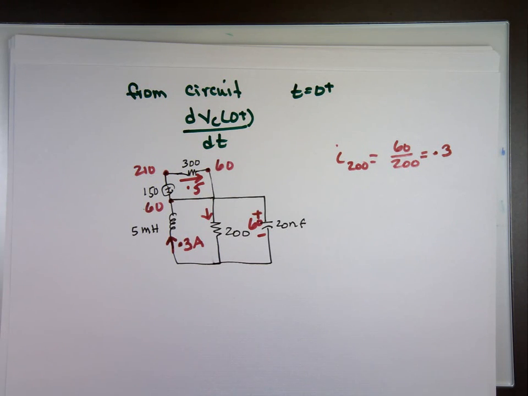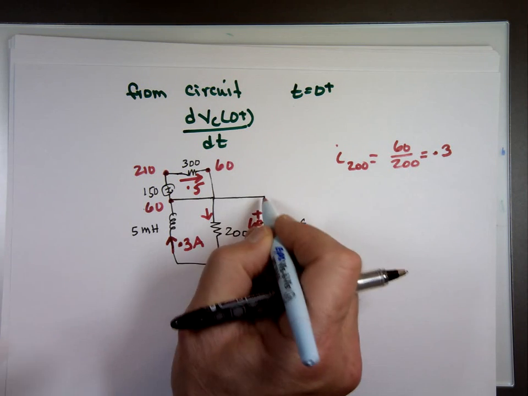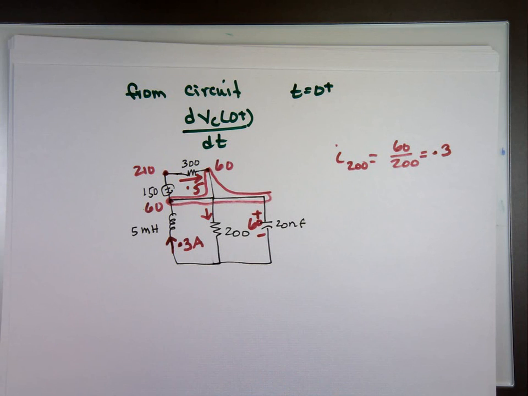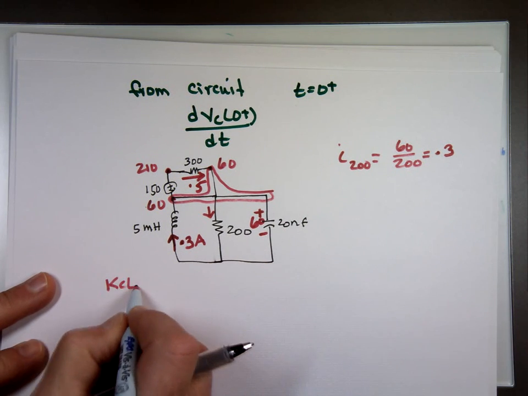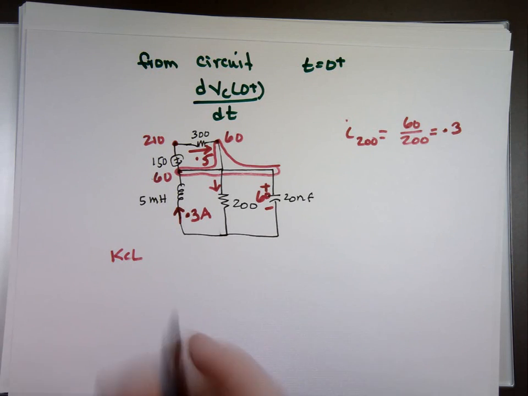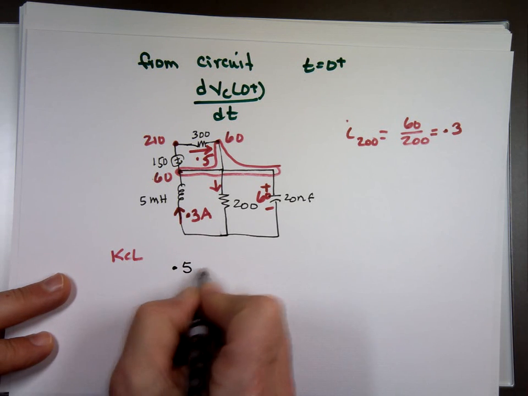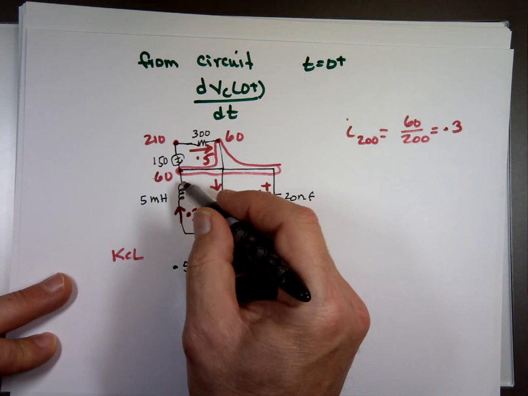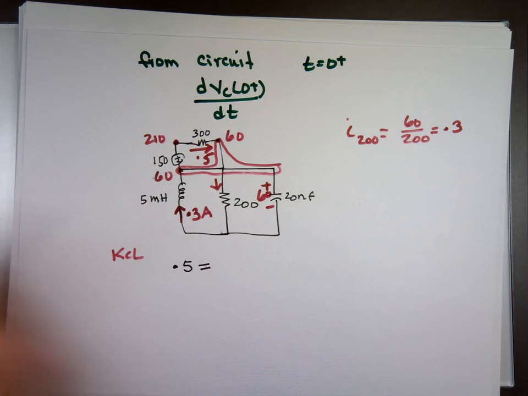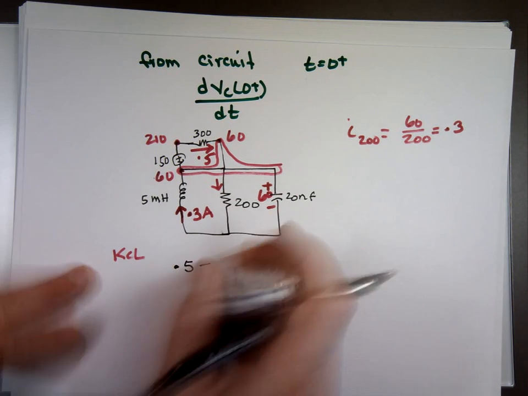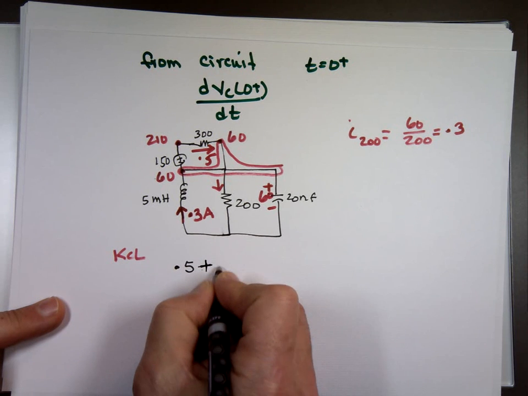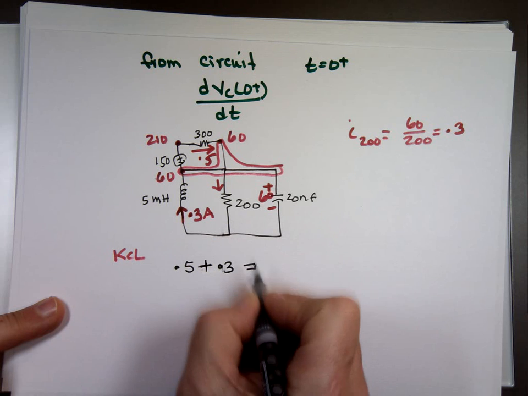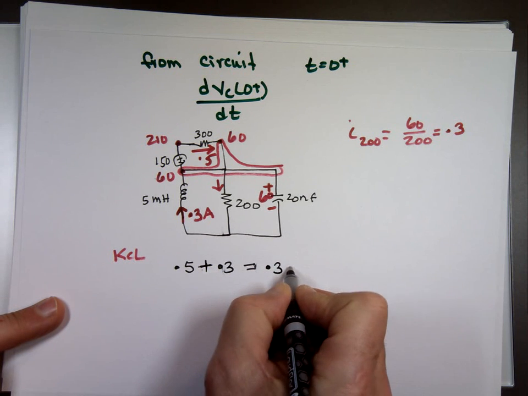So if I do KCL at this node again, the current in, which is 0.5 amps going in, equals the current, this is going in, I made it going in, plus the 0.3, that's this current, should equal the current leaving, which is this one, plus, what's the current?